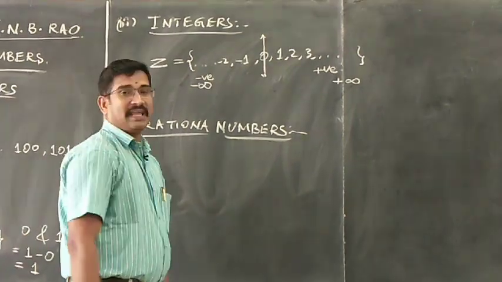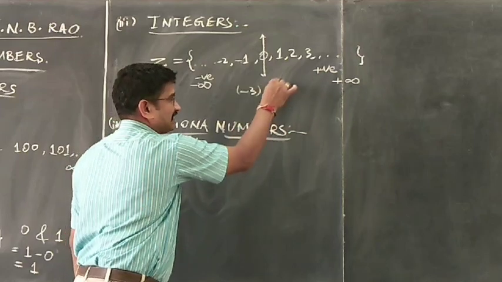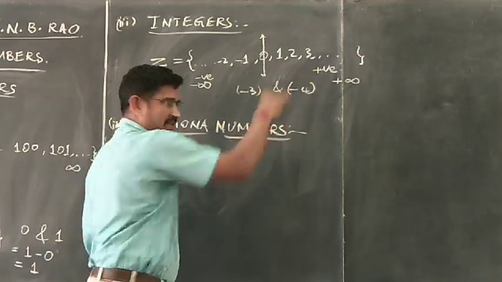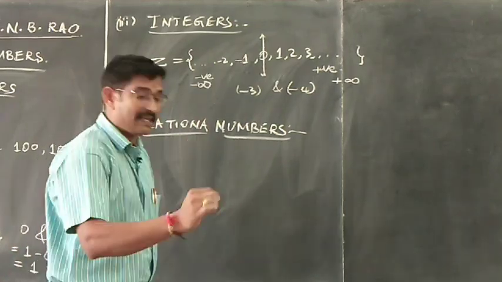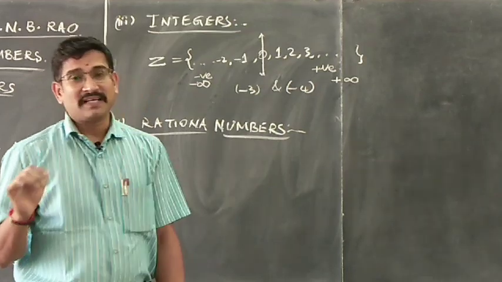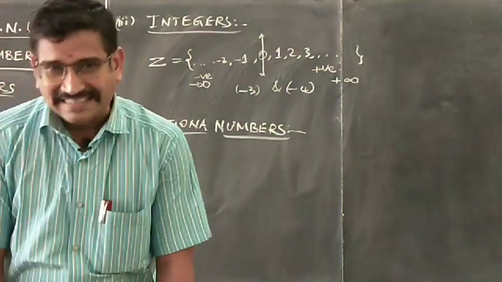That is, if at all I take minus 3 and minus 4 as two continuous integers and their absolute difference, what is the smallest integer?